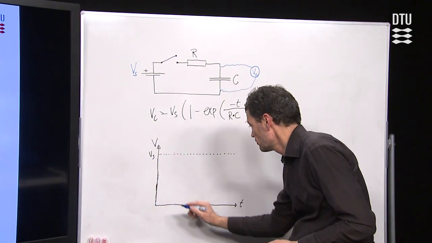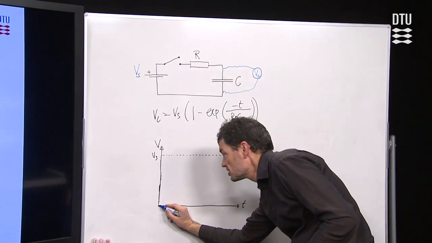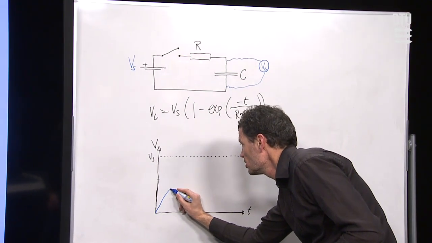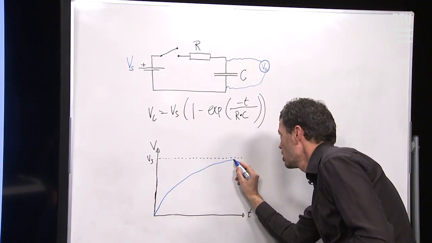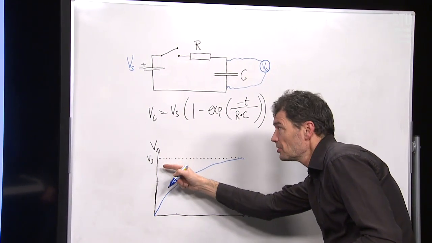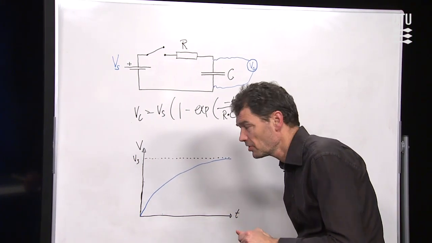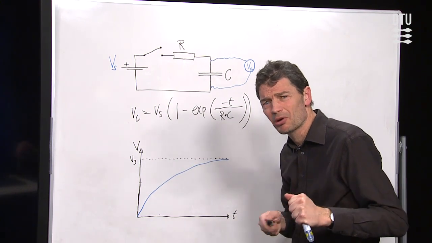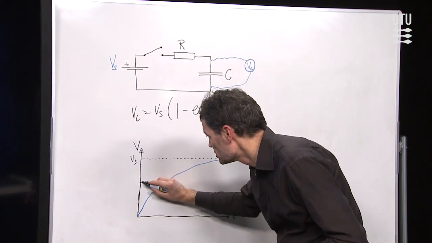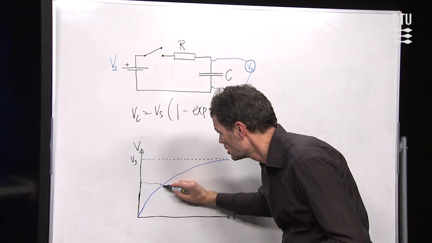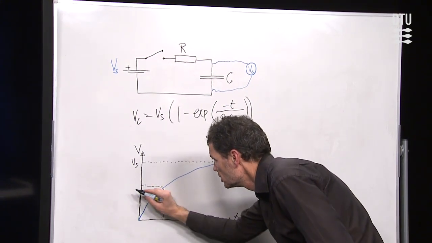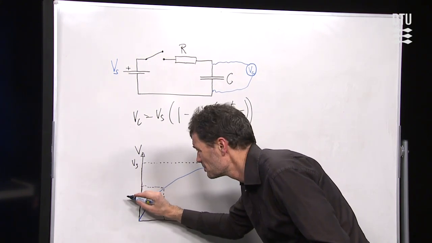So the voltage, if I draw it versus time, starts at 0 voltage, and then it approaches with time gradually more and more, coming close to the eventual value of the supply voltage from the battery. We have a notion of something that's called the time constant, which is the time it takes until 63% of the final voltage has been reached.